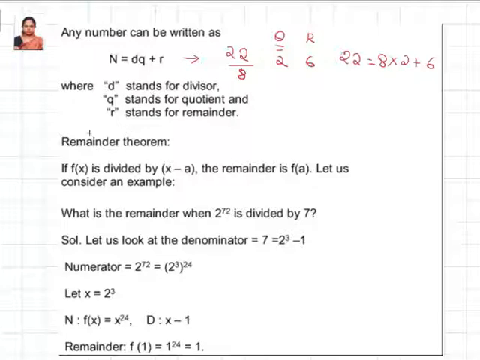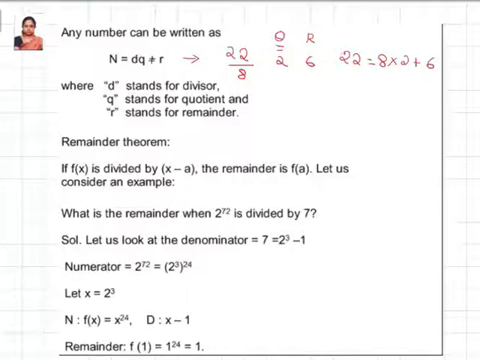Now the next is remainder theorem. There are a lot of different ways to calculate the remainder. One of the methods is using this function. If f of x is divided by x minus a, the remainder is f of a. That means you substitute x equal to a in the equation, and whatever you get becomes your remainder.